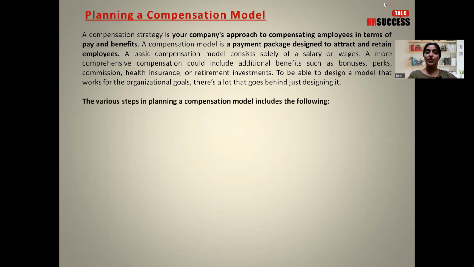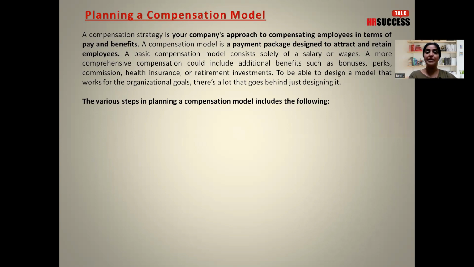A compensation strategy is your company's approach to compensating employees in terms of pay and benefits. A compensation model is a payment package designed to attract and retain employees. A basic compensation model consists solely of a salary or wages.